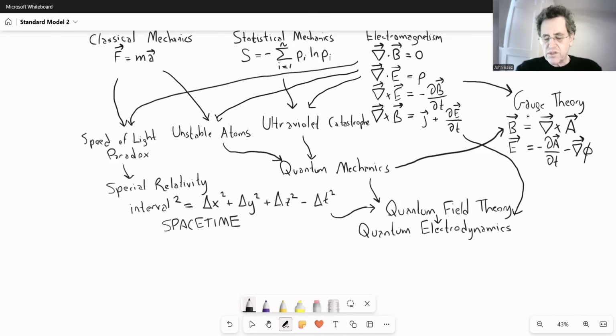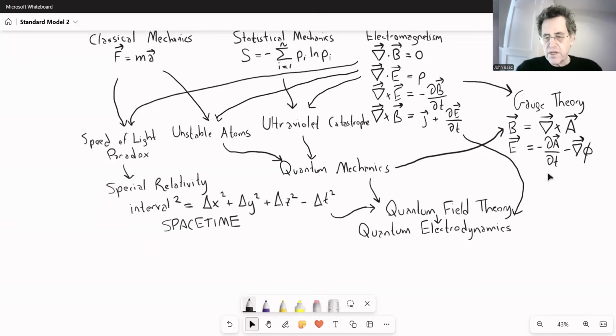What's that? Well, the good way to understand the scalar potential is to think of it as the rate at which the phase of a charged particle changes as it's moving forwards in time. So the vector potential tells you how phase changes as you move through space. The scalar potential tells you how phases change as you move through time.